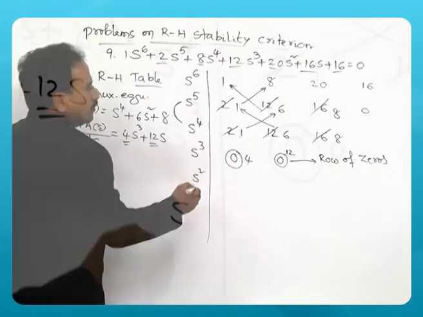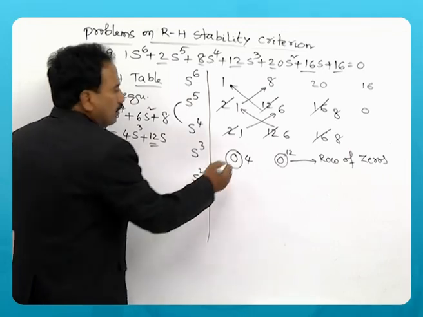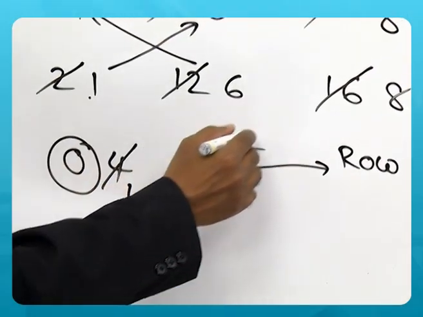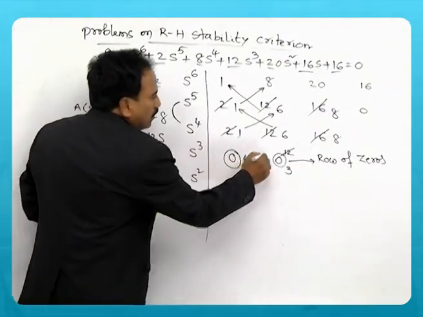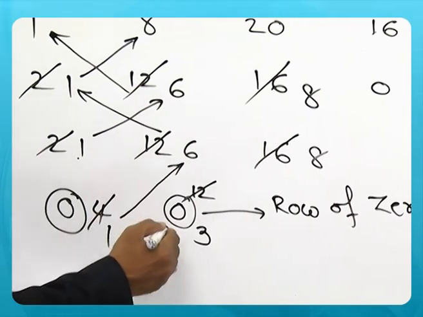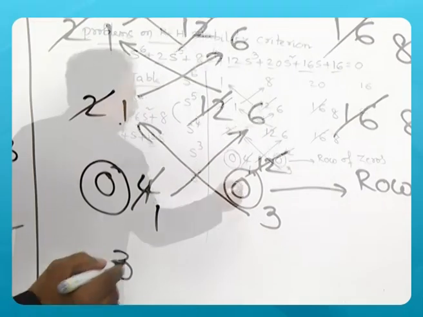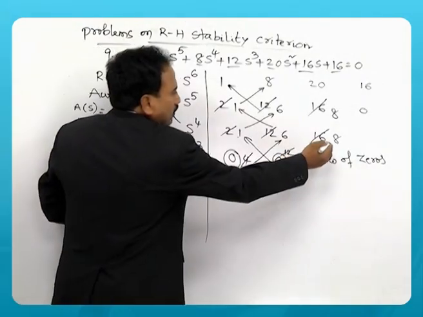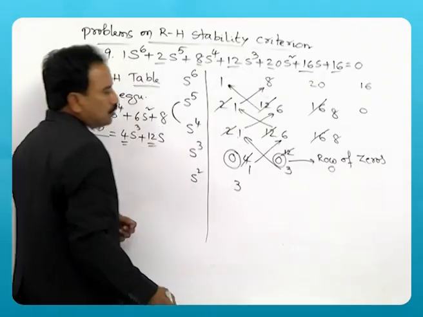For s power 2, you can see here 4 and 12 can be divided by 4. So you can just make it 1, and this 12 as 3. So now the product of this 6 minus 3 is 3. So you have an element 3. Now the third component here is 8 and there is no component, you can assume 0.